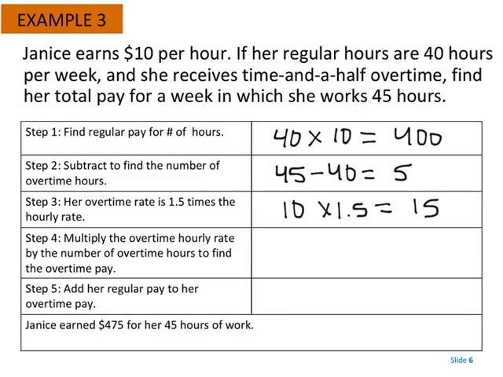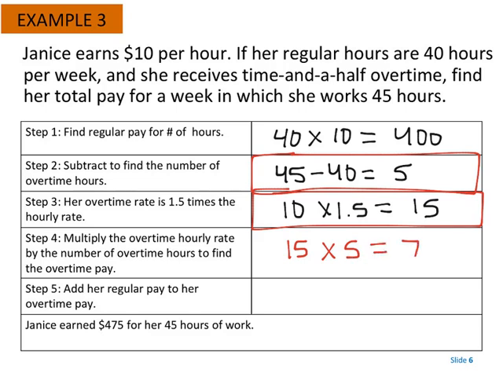Now we're going to multiply the overtime rate by the number of overtime hours to find her overtime pay. These are her overtime wages and her overtime hours, multiplied together, and now we have $75 extra that she made in overtime.